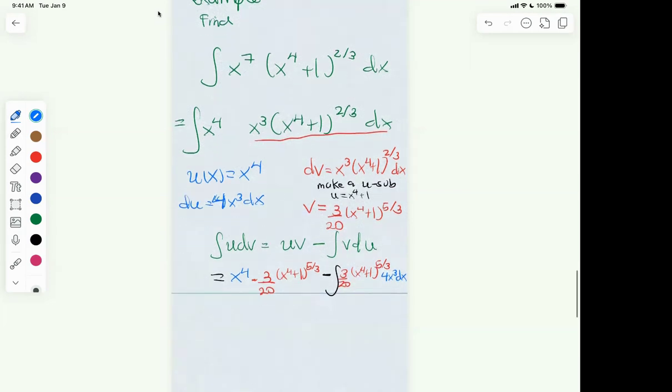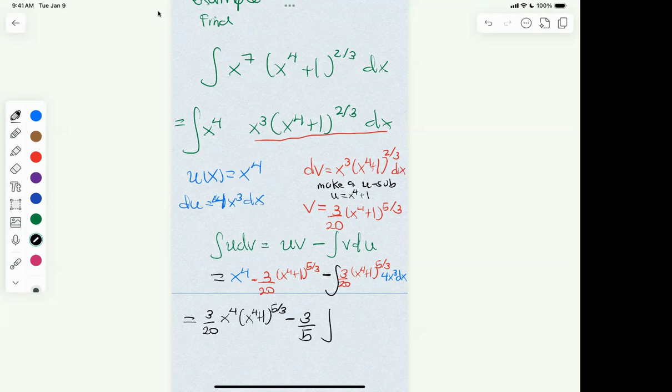Okay, so just to rewrite this a little bit better, this becomes 3/20 x to the 4 times x to the 4 plus 1 to the 5/3, minus, okay, 3/5, right?